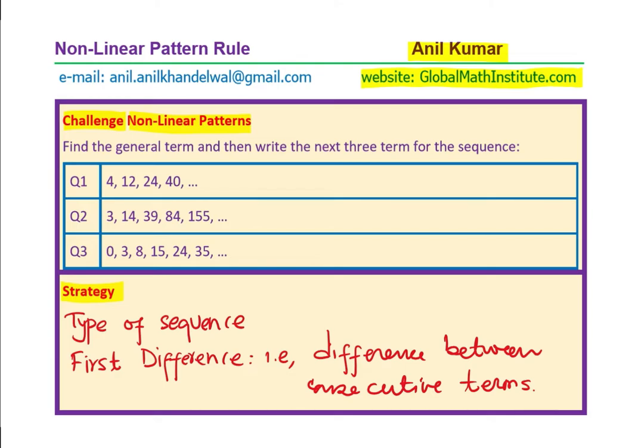Well, all these are increasing sequences, as you can see. So let's figure this out. You can also pause the video at this stage, solve the question, and then check with my solution and also understand the strategies which we are going to adopt. Some are very interesting strategies which we will discuss in finding these nonlinear patterns.